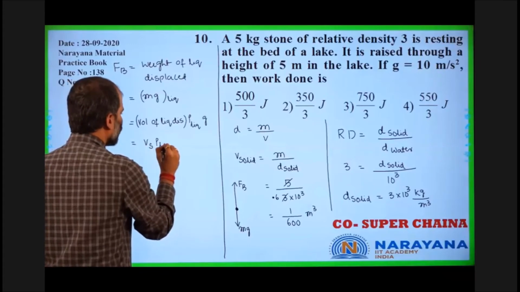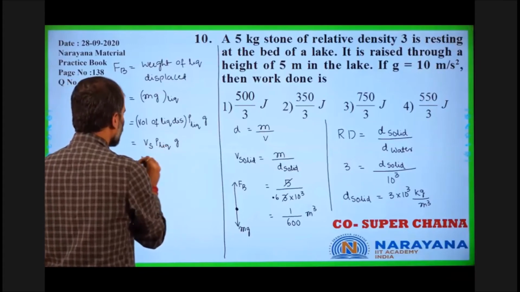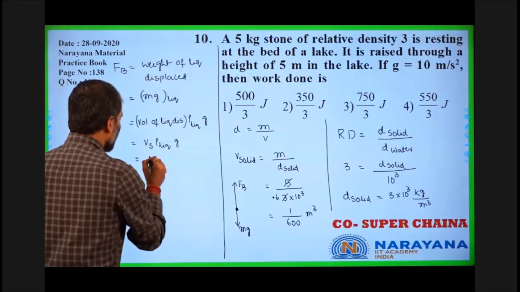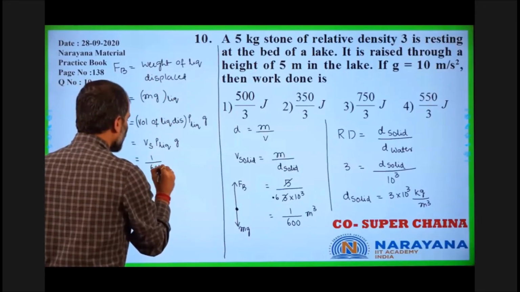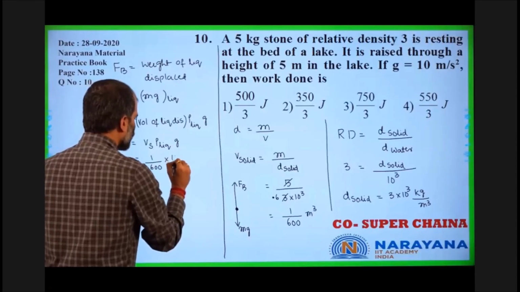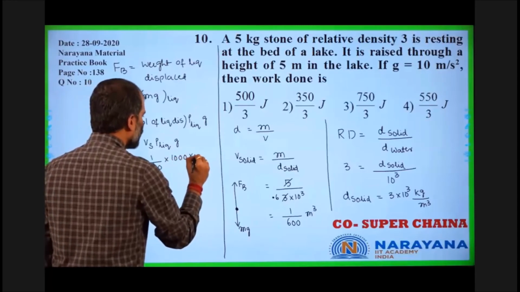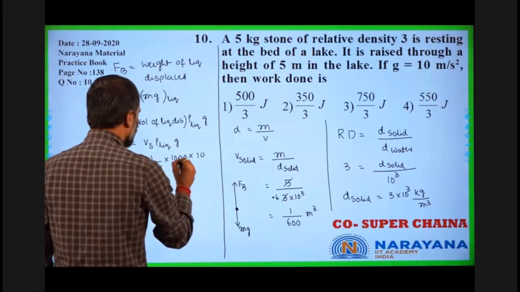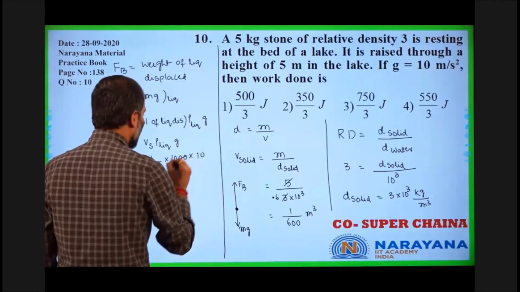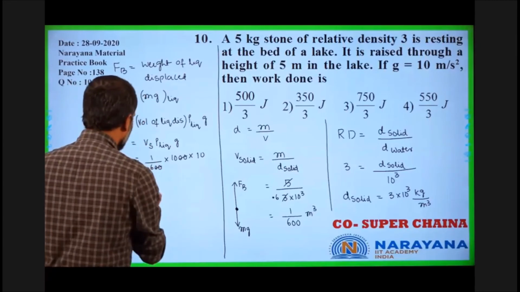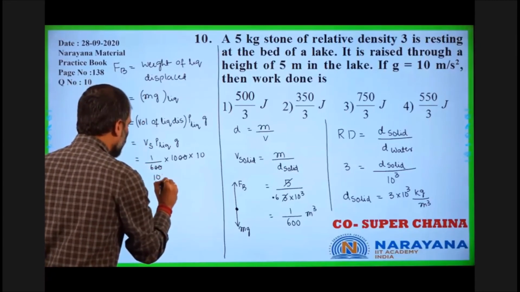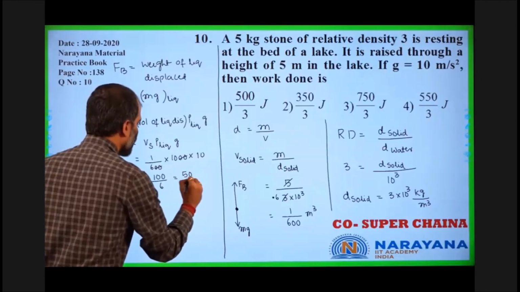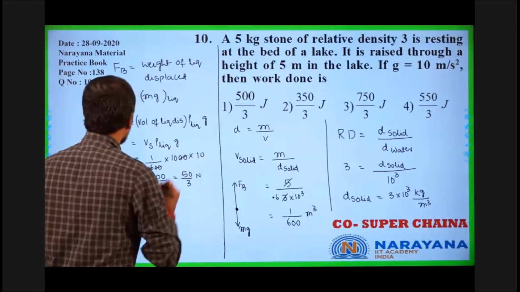Volume of solid is 1 by 600, density of liquid is 1000 kg per meter cube, into acceleration due to gravity 10. So these two would be cancelled off over here. So it is now equals to 100 by 6, or otherwise 50 by 3 Newton, right?